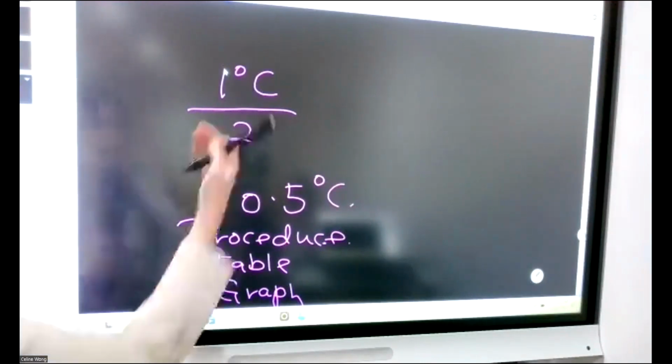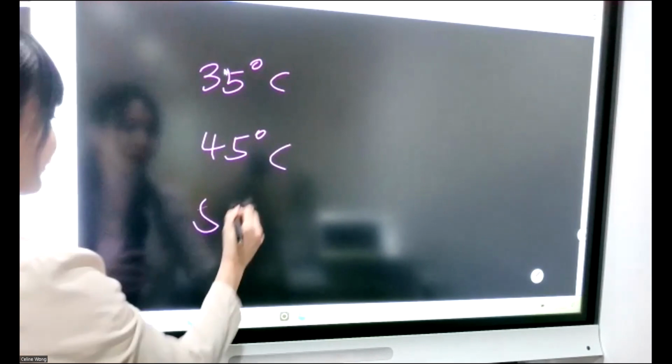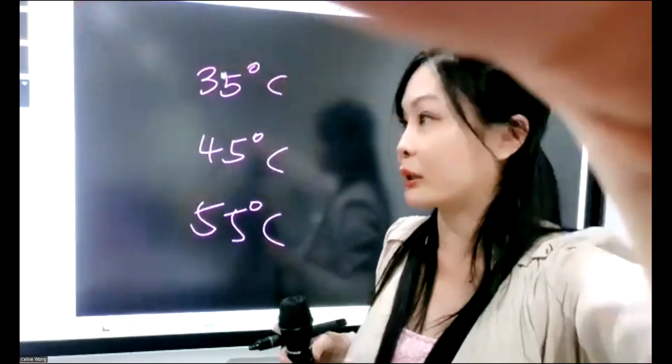Listen here. If tomorrow you get something like that at 35 degrees Celsius, at 45 degrees Celsius, at 55 degrees Celsius, you can use this particular temperature to get your reading by yourself.